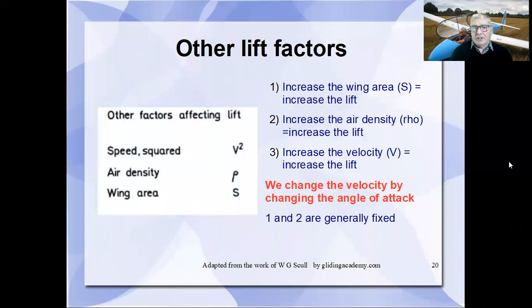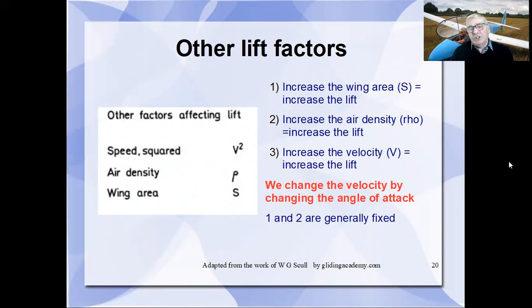Now, other factors which affect lift are the speed of the aircraft or the wing as it's traveling through the air, the density of the air, so the denser the air, the greater the lift it will produce, and the size of the wing, or the square area.